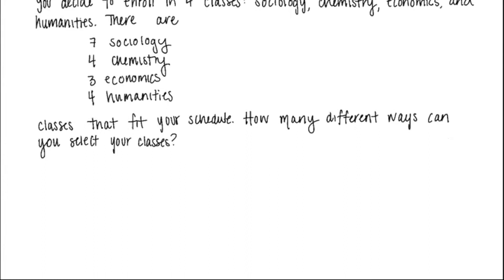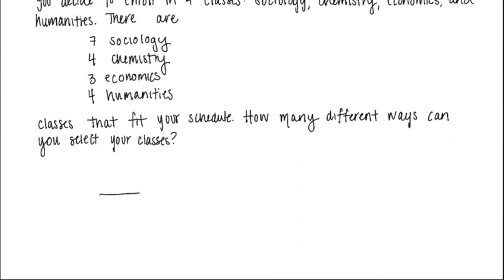So let's take a look. I've got 4 different classes I'm picking. So you're going to see me draw these lines over and over. Each of these is going to represent one of those subjects. So when we go to pick our sociology, we have 7 possibilities. For chemistry, there are 4. For economics, there are 3. And for humanities, there's 4. So these are the number of ways for each event.